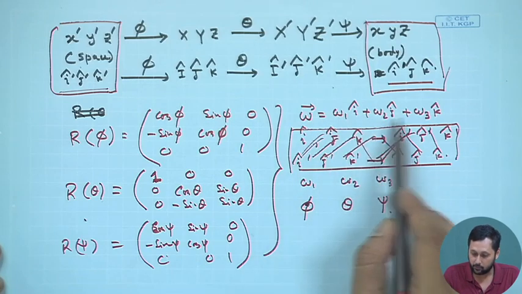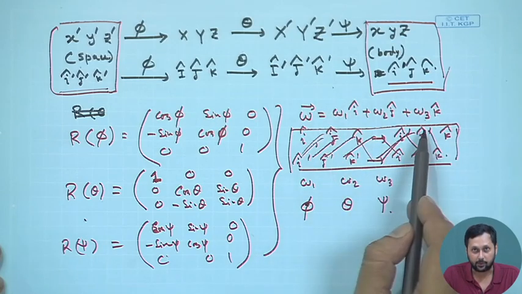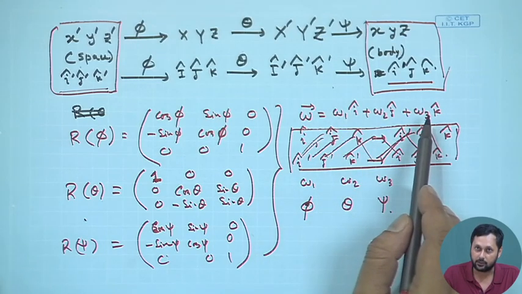We have omega 1, omega 2 and omega 3, where i, j and k are expressed in the body set of axes, which are continuously rotating with the rigid body.